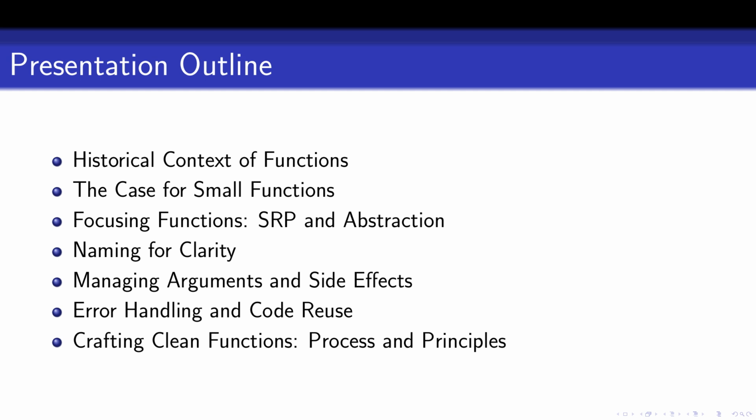Naming for clarity comes up after that, because a good name is worth its weight in gold. We'll tackle managing arguments and side effects, followed by error handling and code reuse strategies like DRY. Finally, we'll wrap up with the process and principles for crafting clean functions. It's a tight roadmap, so let's dive into the story of clean code.